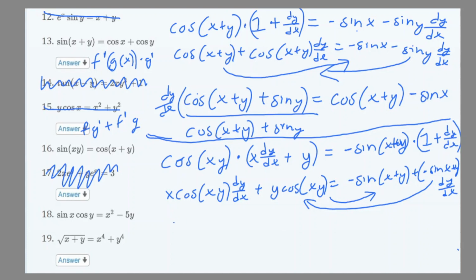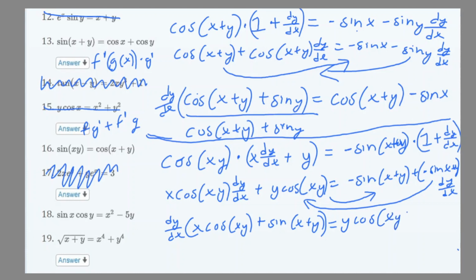So if we do that, we're going to have dy dx, open parentheses, x cosine xy plus sine x plus y, and that's going to be all in the parentheses, dy dx on the outside. And then on the right side, we're going to have y cosine xy minus sine x plus y.